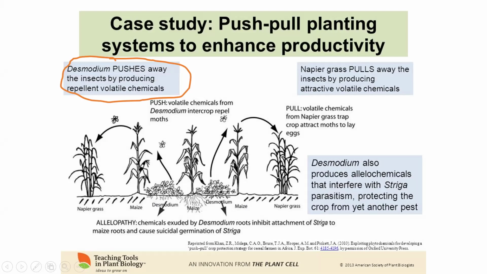And the desmodium repels the moths of the corn borer. And then the Napier grass grown around the field attracts the insects by producing attractive volatile chemicals. And so the pest moves from the maize field where it can do damage to the Napier grass where it is actually killed.